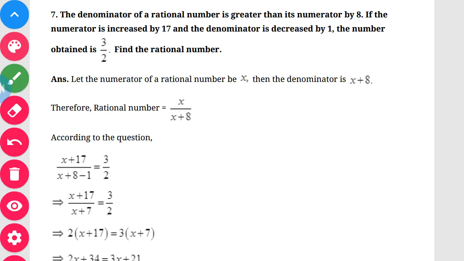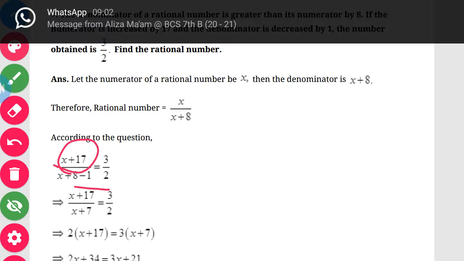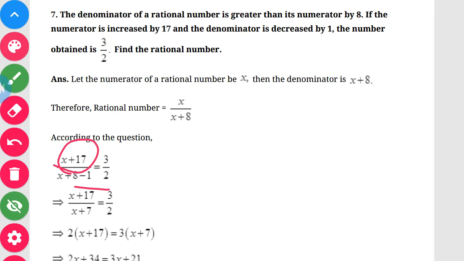If the numerator is increased by 17, you have to add 17 to the numerator, and we need to decrease the denominator by 1. After doing that, 8 minus 1 will give you 7, and this is your final equation.